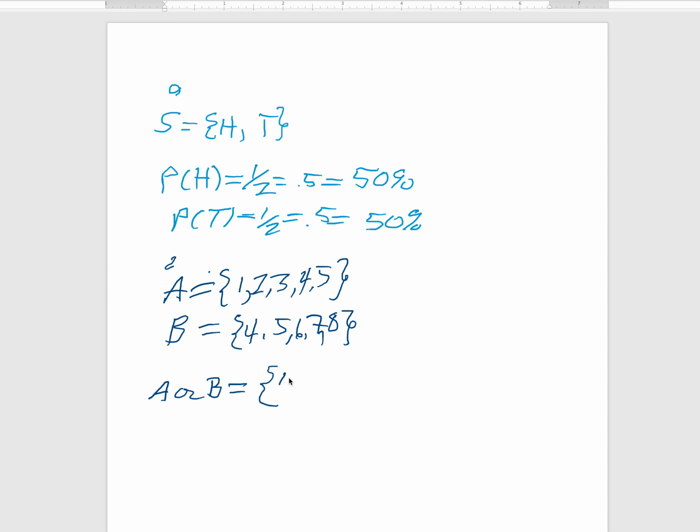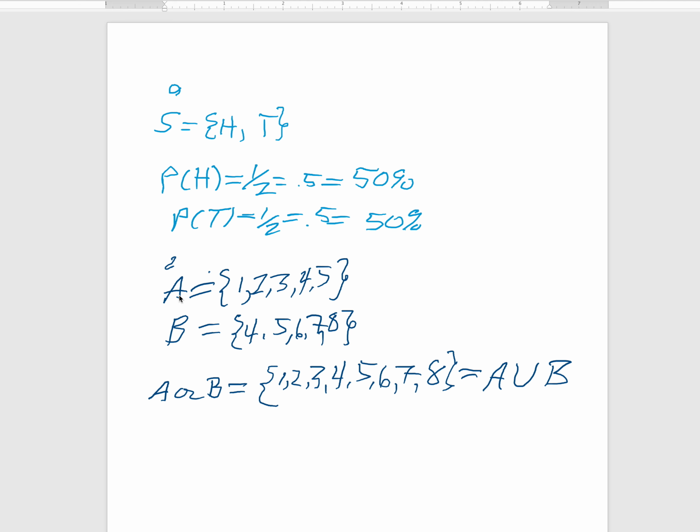So really, this is 1, 2, 3, 4, 5, 6, 7, 8. That's a horrible bracket I just drew. Another way of saying this is A or B.